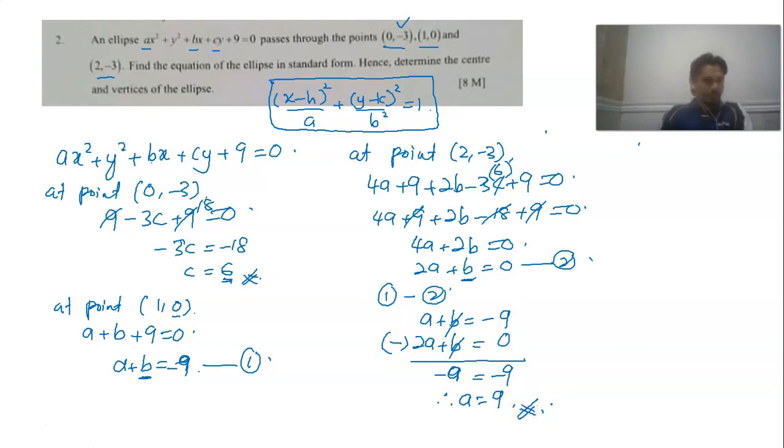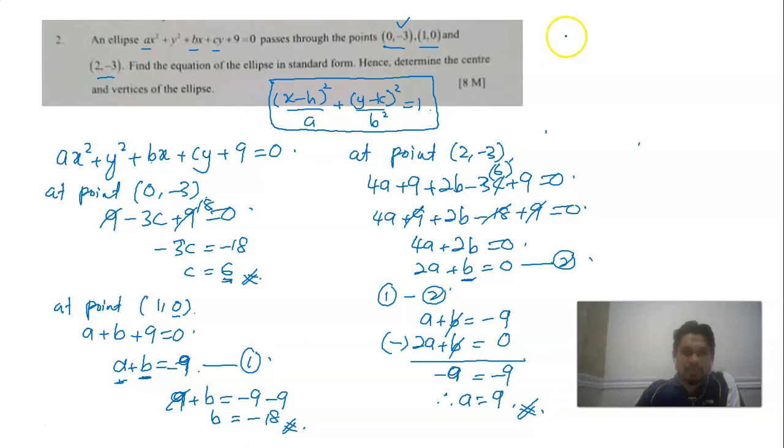When a equals 9, substitute into either equation 1 or equation 2. a equals 9, so 9 plus b equals negative 9. 9 brought over becomes negative 9, so b equals negative 18. There you go.